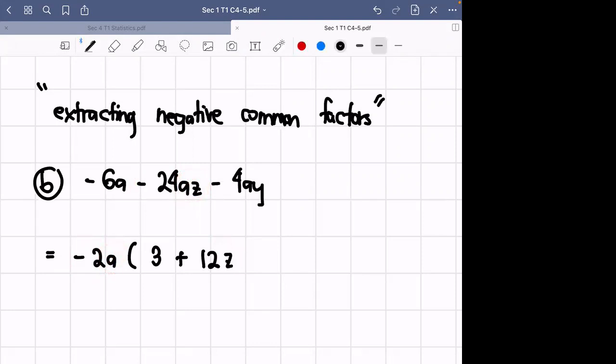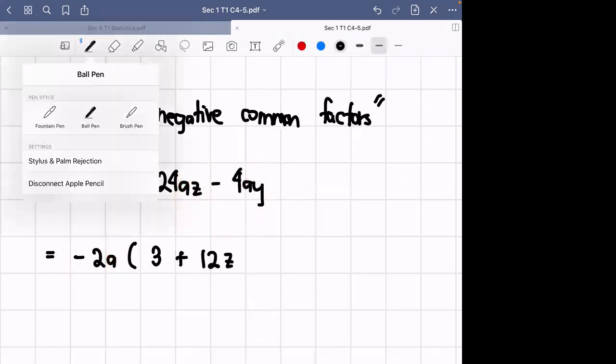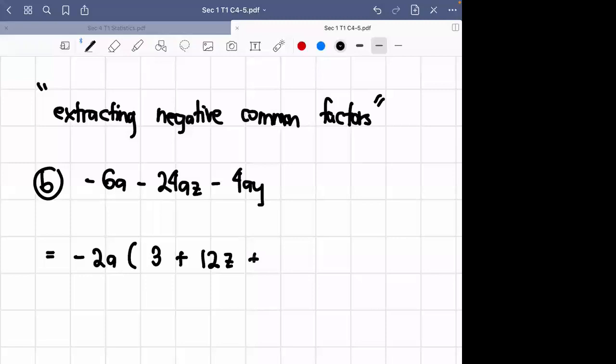Then negative 4ay divided by negative 2a: negative 4 divided by negative 2 gives positive 2, and ay divided by a, a is cancelled, so it's y. So this is your final answer. That's letter B.